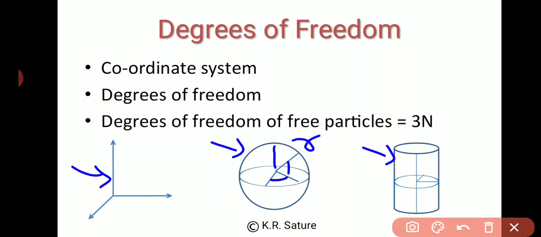Similarly, we all know the cylindrical coordinate system. Instead of phi we have h, the height from the center or the fixed point, and again we have theta here, and obviously we have r here. So that is the cylindrical coordinate system.